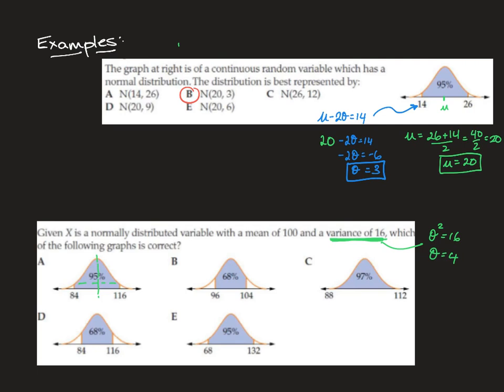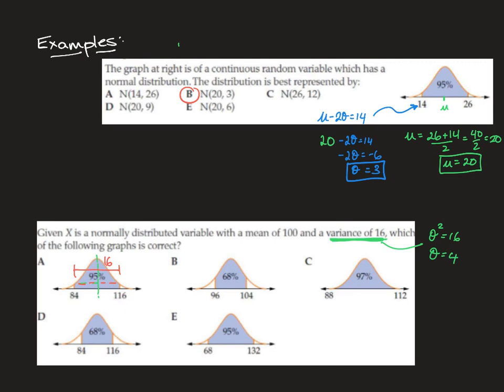So we've got a total of 1, 2, 3, 4 lots of the standard deviation here. So this distance, if this is correct, should be 16. Now 84 plus 16 is not 116, so that one's not correct.